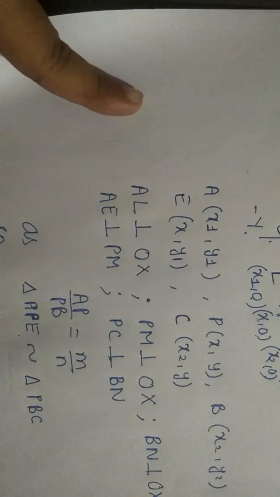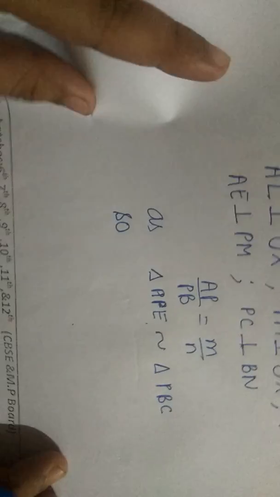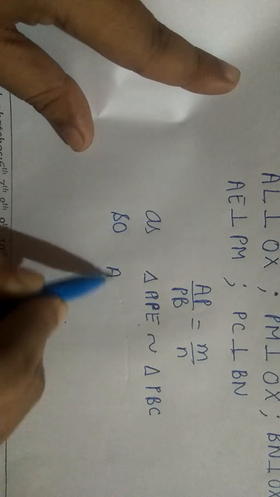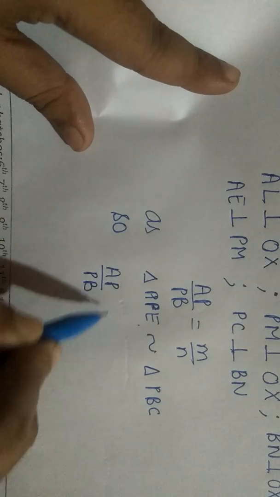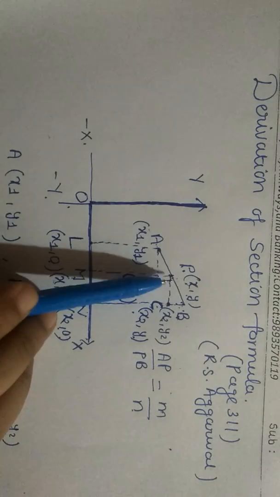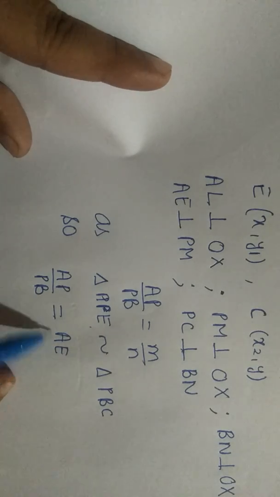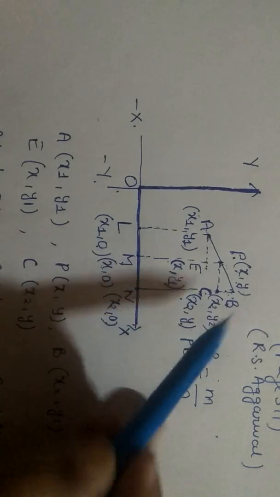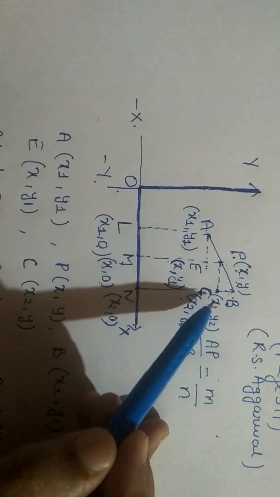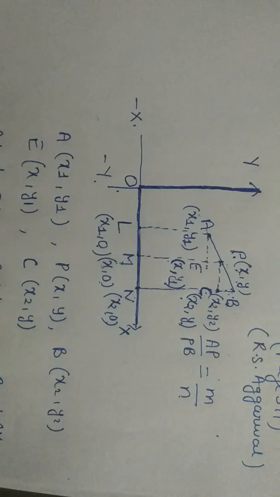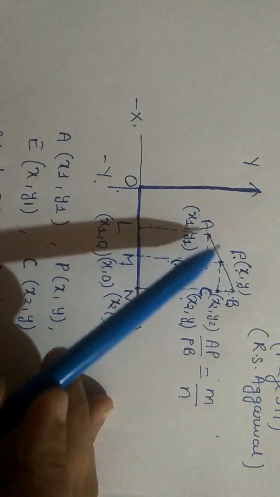So I am writing here AP upon PB is equal to AE upon PC is equal to PE upon BC, okay. स्टूडेंट्स, यहाँ हमें क्या मिल रहा है?